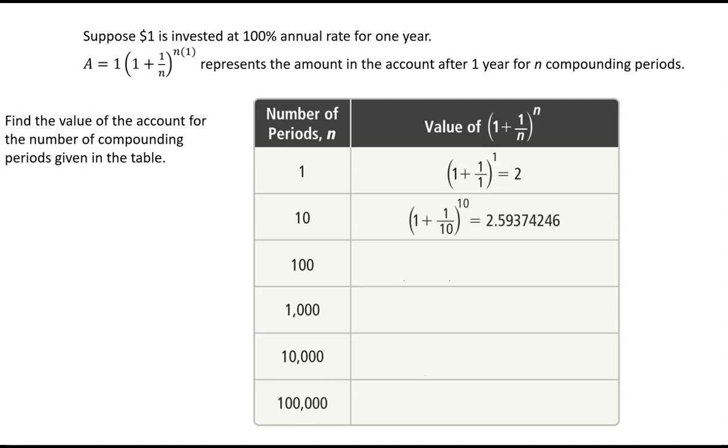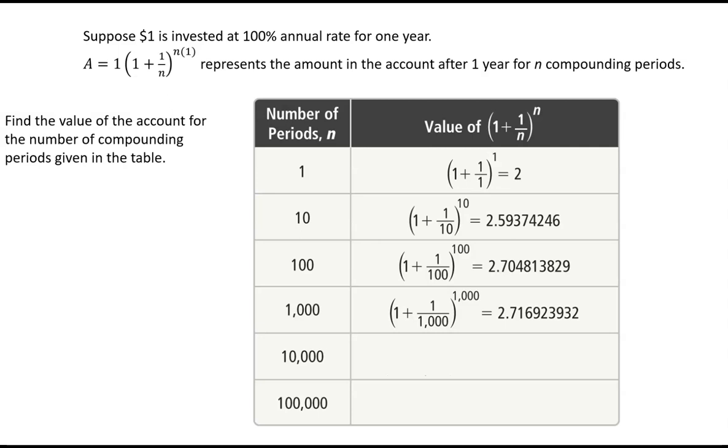So now, use 10 in both ends and calculate the value. If I compound that 10 times a year, I have 2.59, about $2.60 almost. If I did it 100 times a year, what would that come out to? 100 times a year, I'd have 2.704813829. If I did 1,000 times a year, you can see I have 2.71692 and so forth.